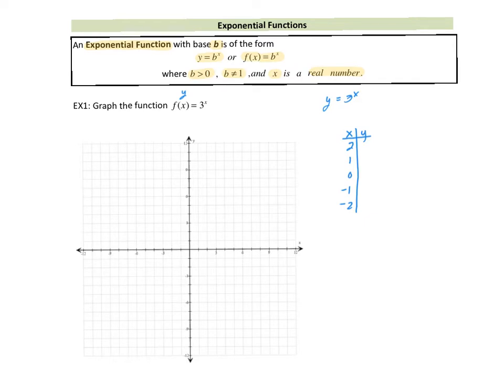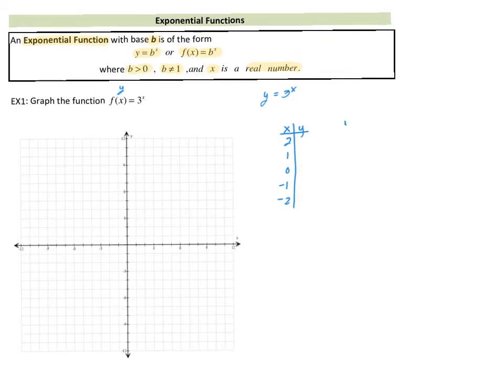Now, if I put in 2 for x, remember the y value here is going to be equal to 3 squared. Or in other words, that's going to be equal to 9. So 2 comma 9 would be 1 point. Y equal to 3 to, if the x is 1, that's just 3.